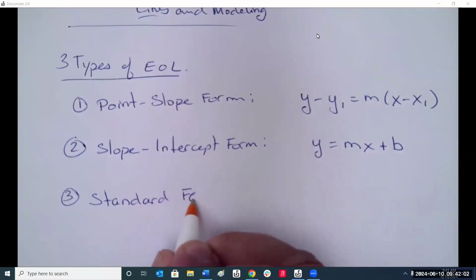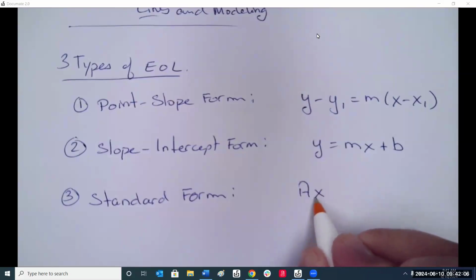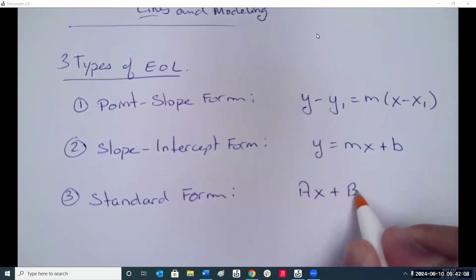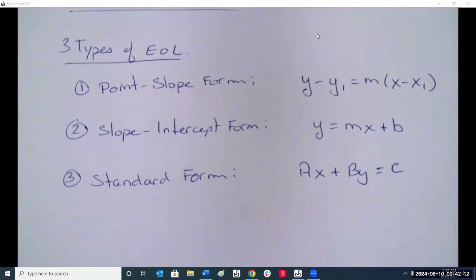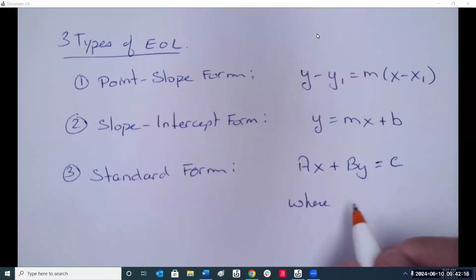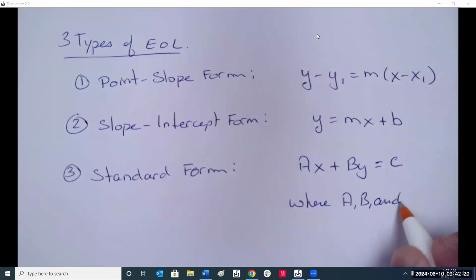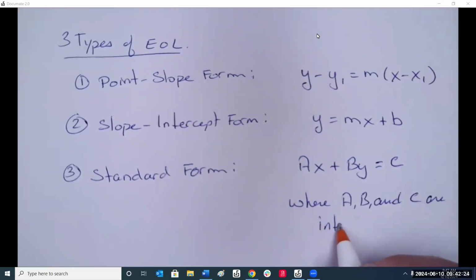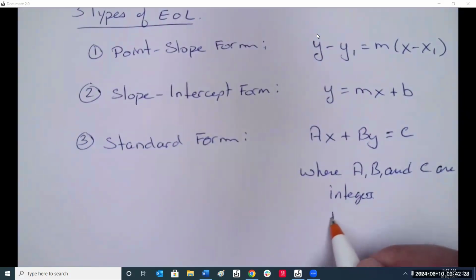Then there's the standard form, Ax plus by equals c, where a, b, and c are integers, and a is positive.